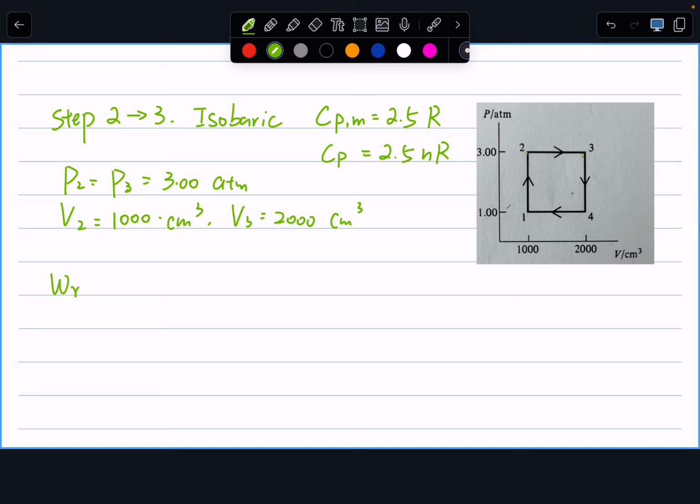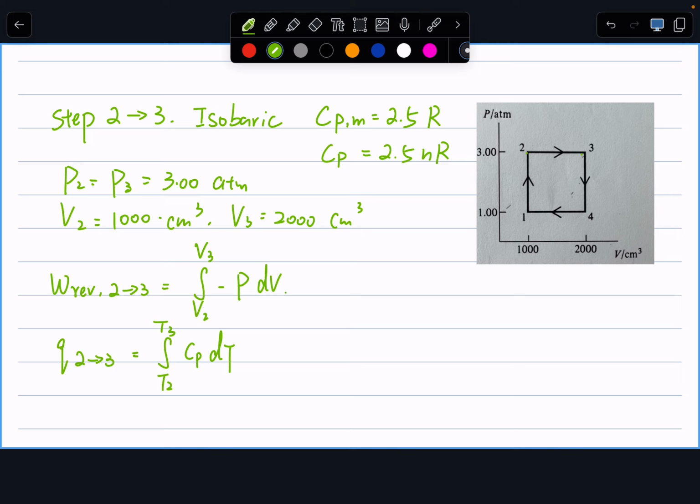My work, reversible from 2 to 3, is final minus initial, V3 to V2, of negative PdV. Pressure is a constant, so it's just plugging numbers to get a result. Similarly, we can solve for our Q from 2 to 3. That gives us the integral from T2 to T3 of Cp dT, and we can plug in the number because Cp is a constant.